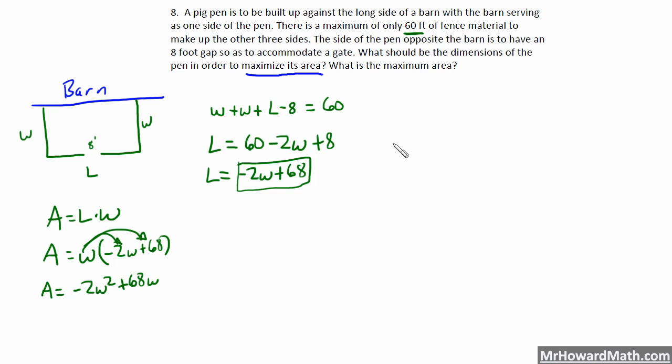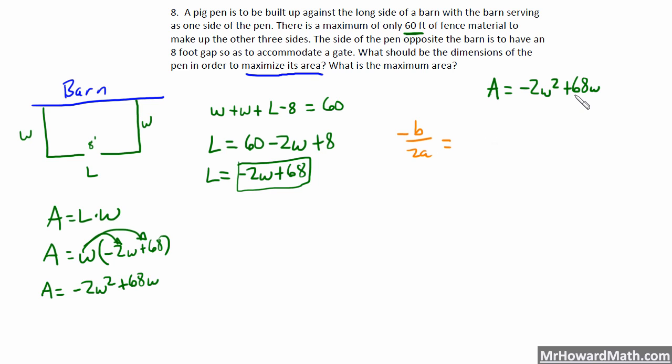So we can put that into our calculator. I'm going to write it over here so it's not covered up when we pull the calculator up. So negative 2W squared plus 68W. So we want to maximize this thing. And in order to set our window quickly, I'm going to apply what we've done before, which is negative B over 2A to find our vertex.